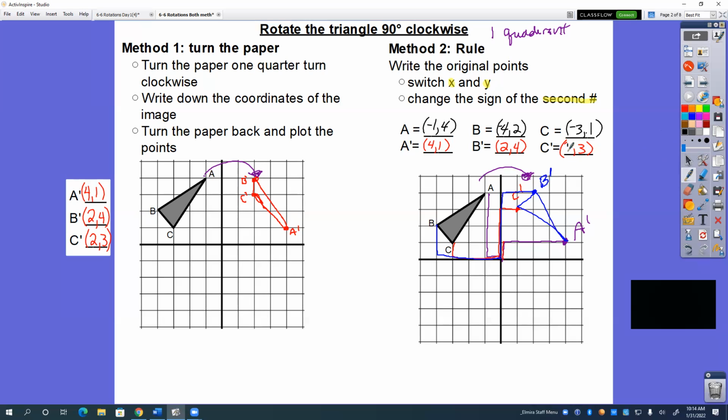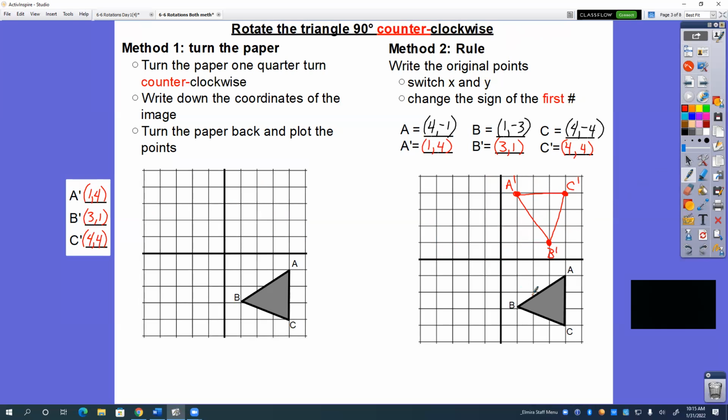And that would be 1, 3, which would also make this in our original picture positive 1, positive 3. There we go. Just wanted to make that correction real quick.